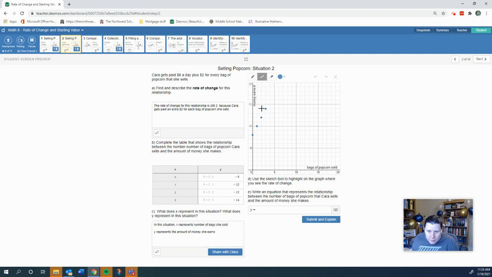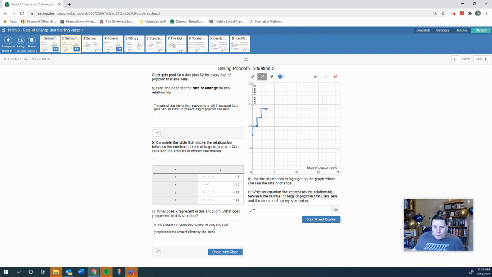Another thing that's the same is the rate of change is still 2, and I still see the same stair-step pattern of going up 2 and over 1. Each time that stair-step pattern is the same, which makes sense because the rate of change is the same, which makes sense because each bag of popcorn that she sells, she earns an extra $2.